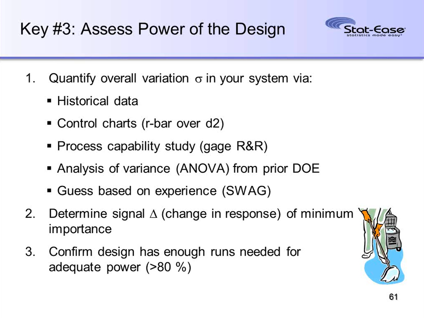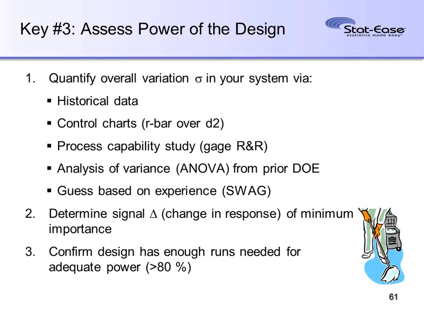Then decide within your team environment what the change in the response is that you want to detect. So it's the minimal change that you're willing to detect. If your boss says, hey, I want you to find any change in, say, yield, then you have to go back to them and say, yes, but in order to detect any change, even a minute change, that's going to take me hundreds or thousands of runs.